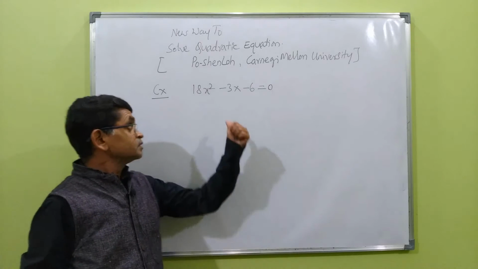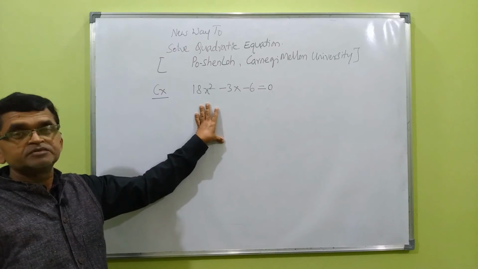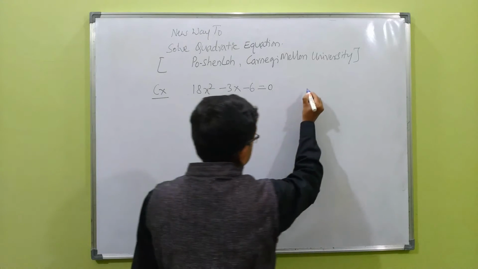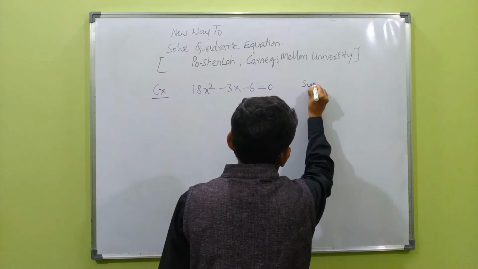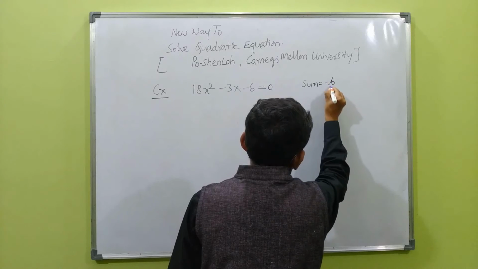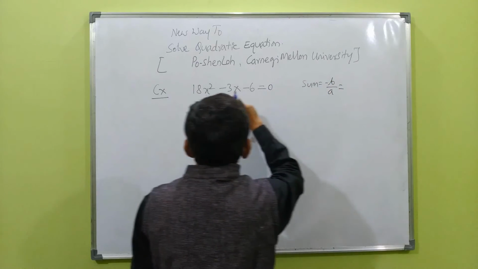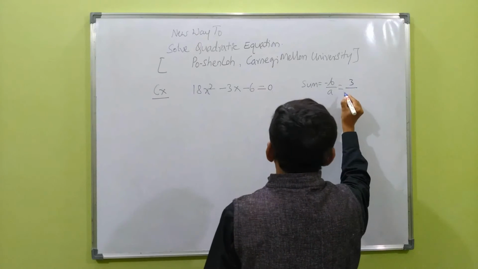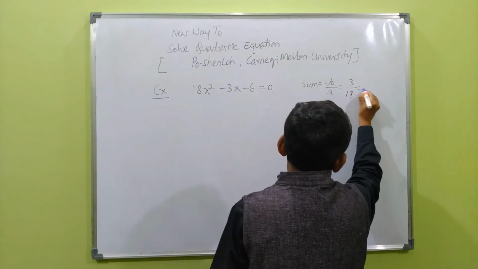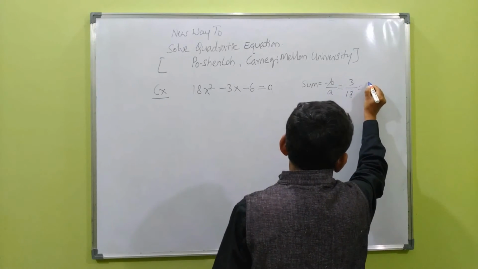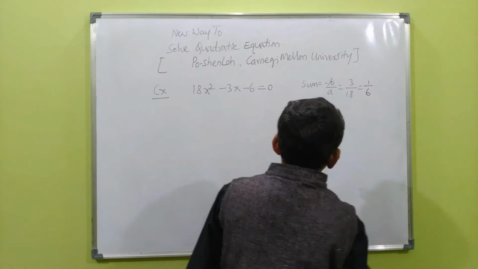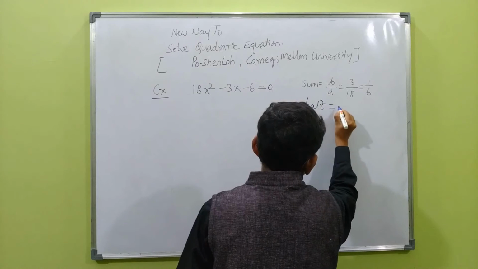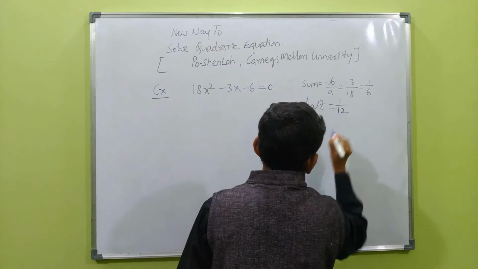See, to find the roots of this equation, to find the solution for this equation, sum will be minus b by a, minus means plus 3 divided by 18, that is 1 by 6 it is. Okay, half of this is 1 by 12.